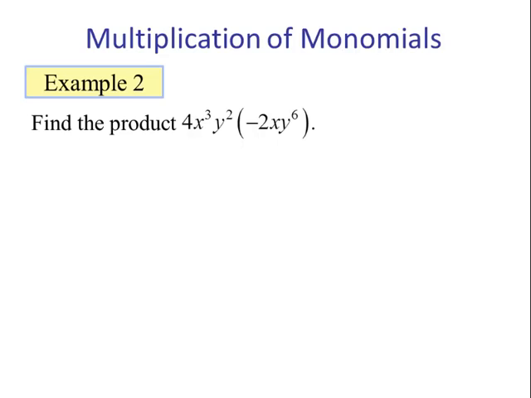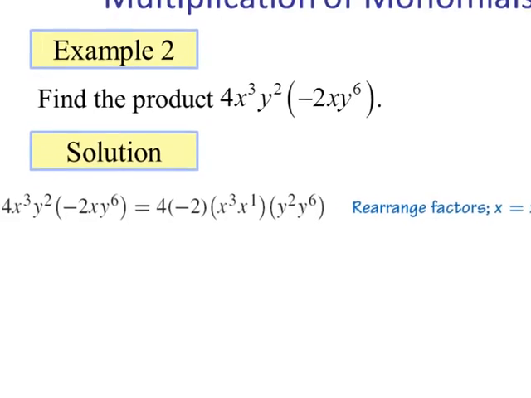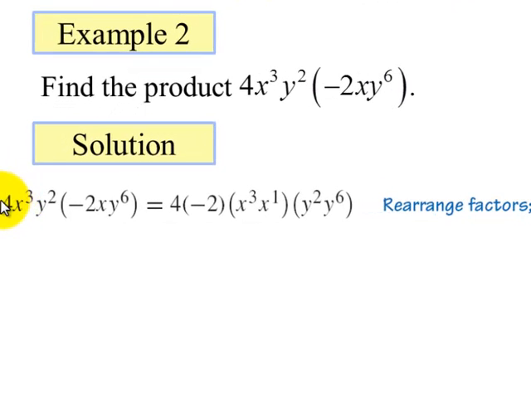Find the product 4x cubed y squared times negative 2xy to the 6th. So product means we multiply. Here we take our coefficient 4 and multiply it by the other coefficient, which is negative 2.